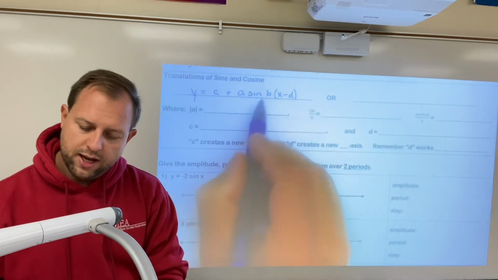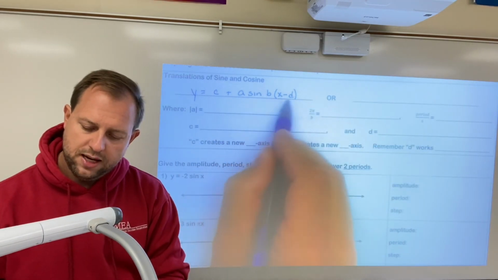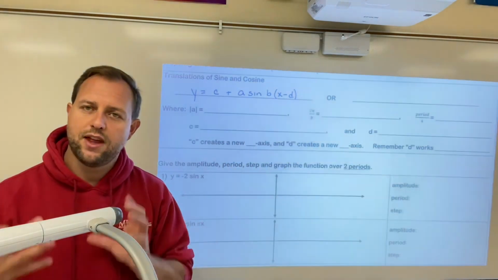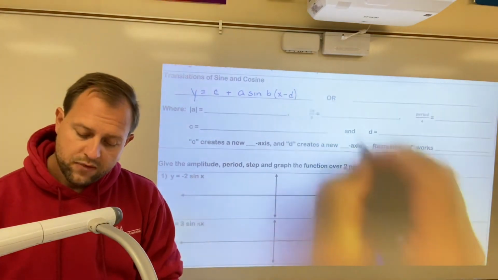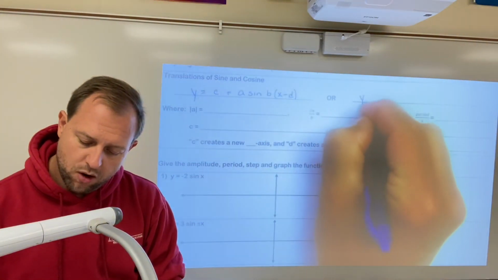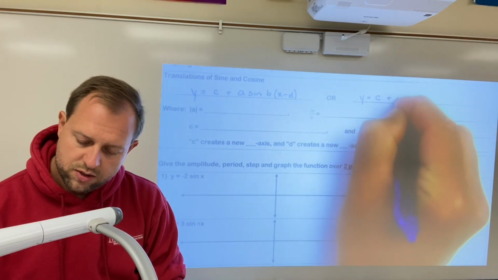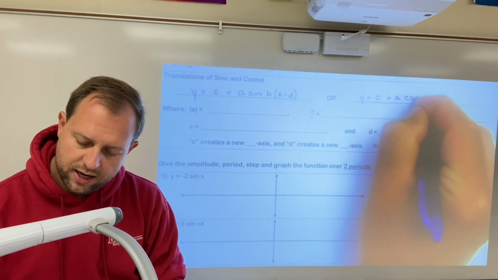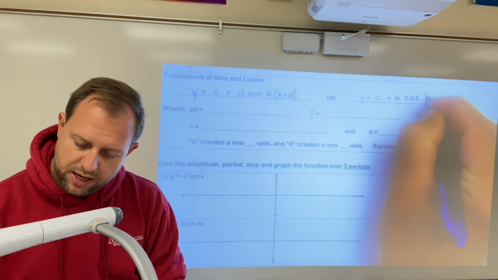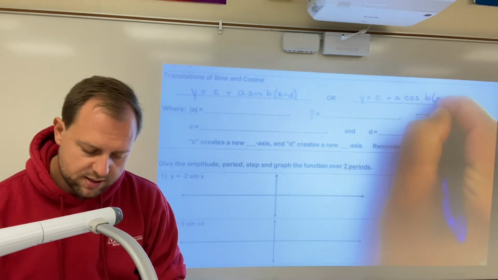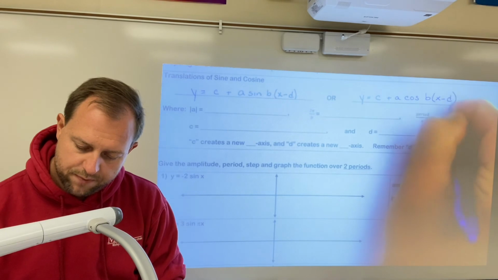Now in the calculator, all these numbers would have to be in a parenthesis, so it's the sine of that whole component. The cosine's the exact same thing, only using the function cosine: A times cosine of b times the quantity x minus d.